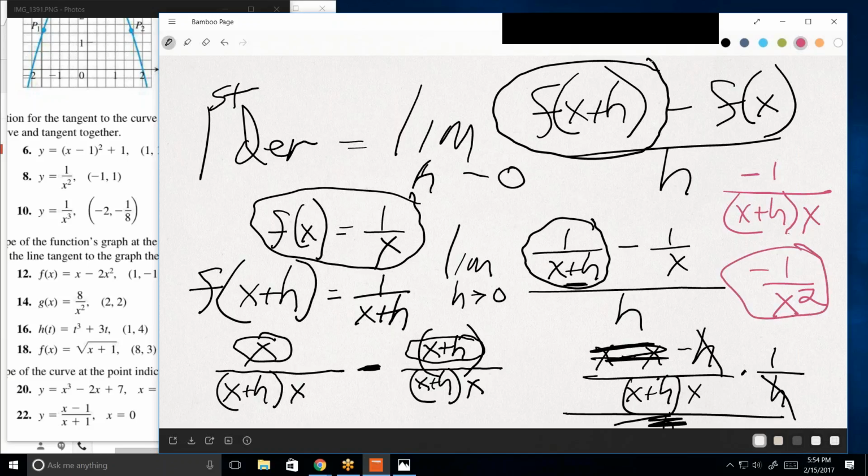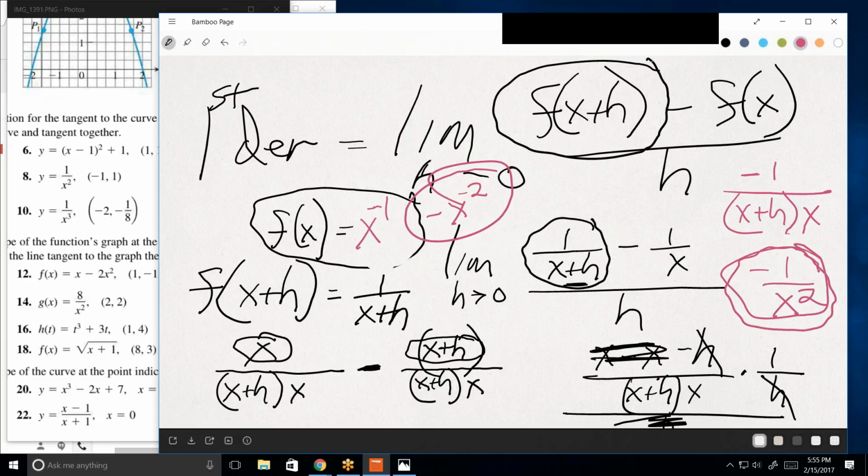Now let's go back and do it the easy way. Instead of writing 1 over x, I'm going to write x to the minus 1. Same thing, right? Mm-hmm. Apply the power rule. Start with the exponent, minus 1, subtract 1, minus 2. That's the same answer as this.